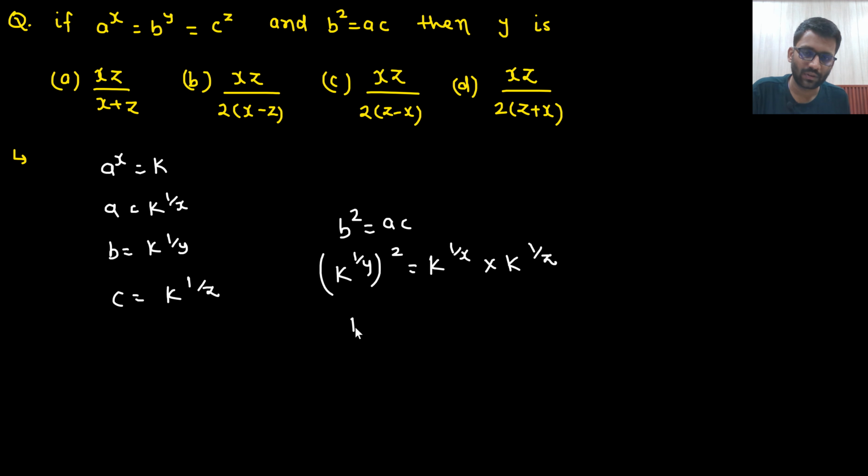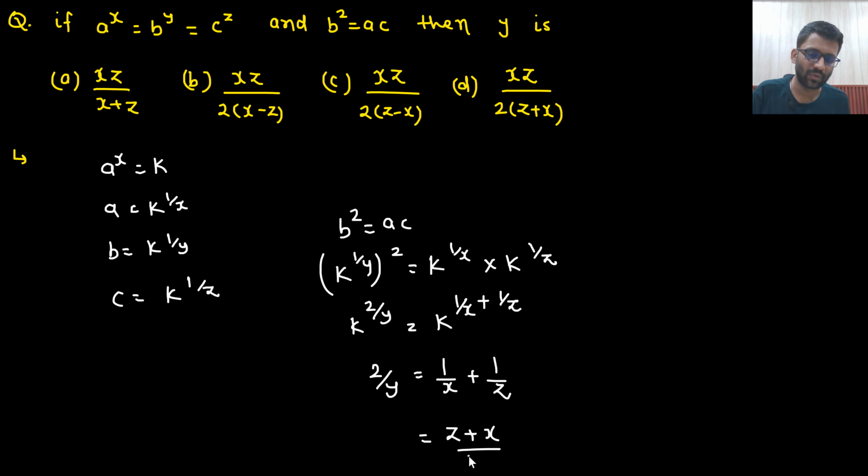So k to the power 2 by y is equals to k to the power, this is base same, power different can be added, right? 1 by x plus 1 by z. So if you equate these powers, then you will get 2 by y is equals to 1 by x plus 1 by z. So z plus x upon zx is equals to 2 by y.